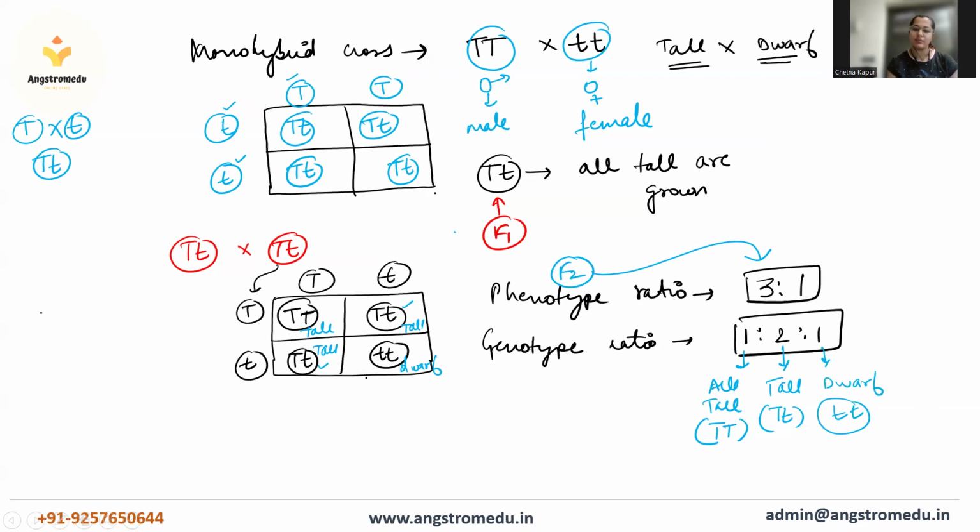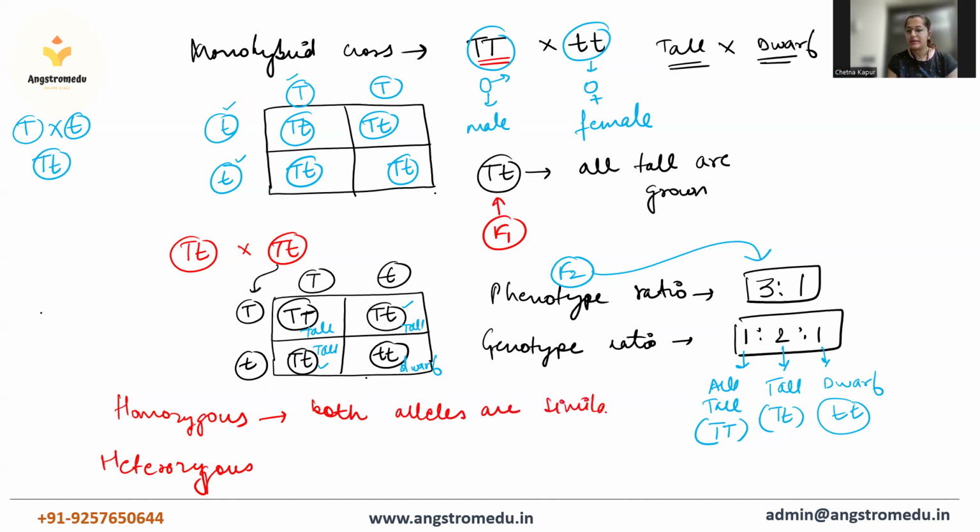Okay, let us now understand what is a homozygous condition and what is a heterozygous condition. Homozygous means when both the alleles, that means these capital Ts are the alleles, both the alleles are similar to each other. That is called the homozygous condition.